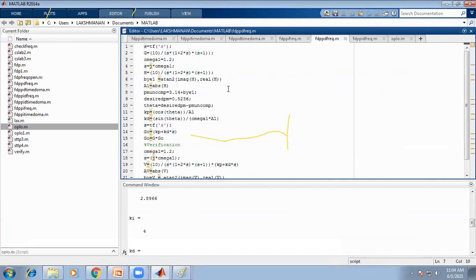In this program, I'm using the transfer function 10 divided by S into 1 plus 2 plus S. Actually, I rewrote that equation now. Let me check the open loop response.